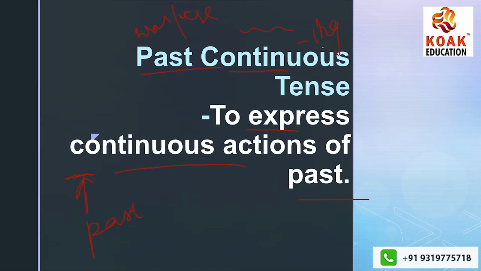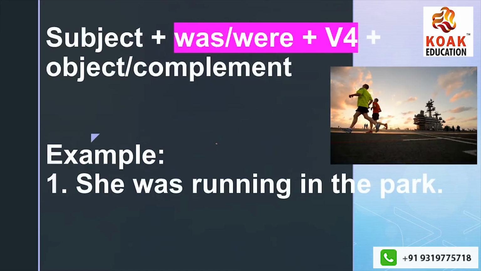So continuous will take the ing form, which is the fourth form of verb, and past will take was or were, right? So to express these actions, this is the exact pattern, guys. You have your subject, was or were, plus the fourth form of verb, then comes your object or complement, whatever it is.